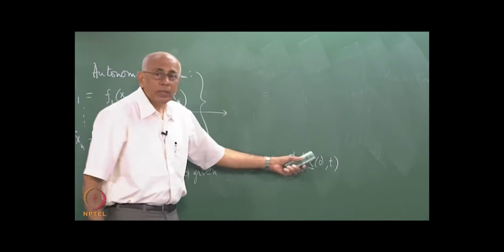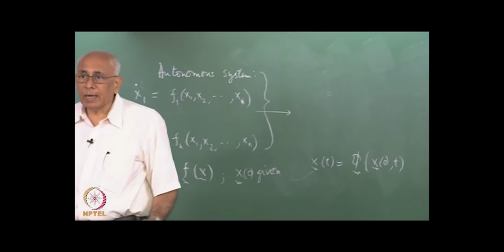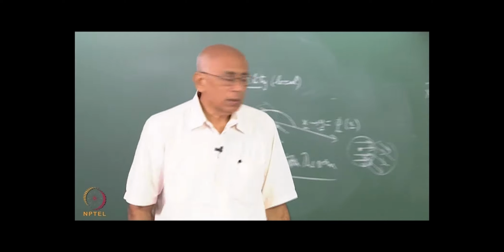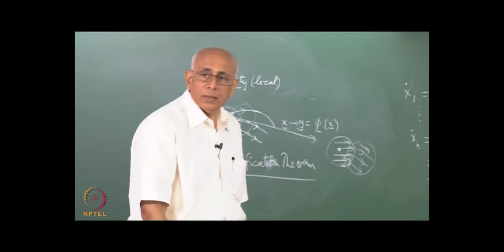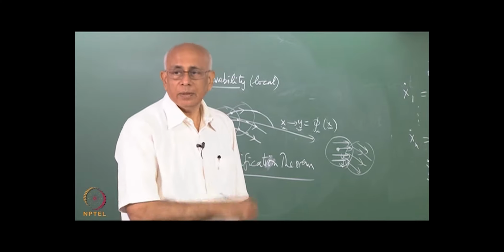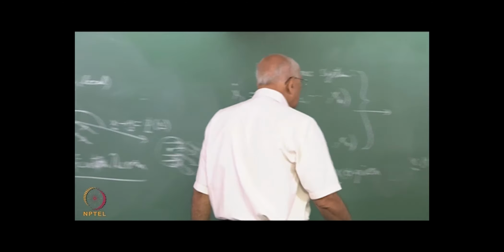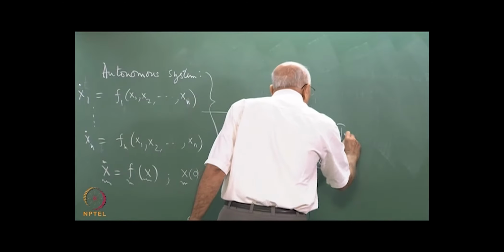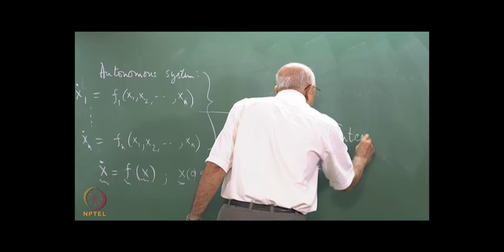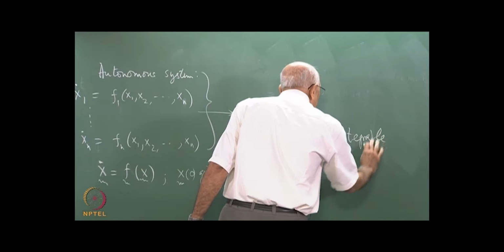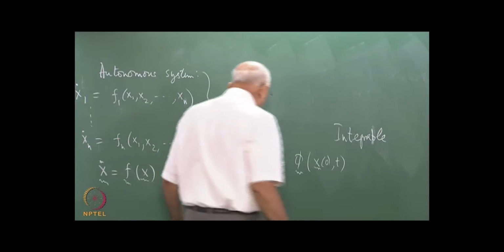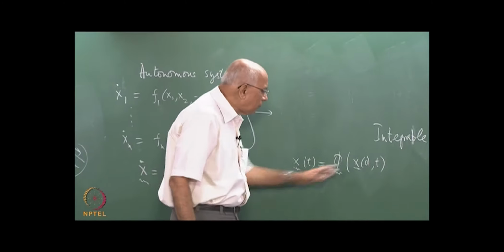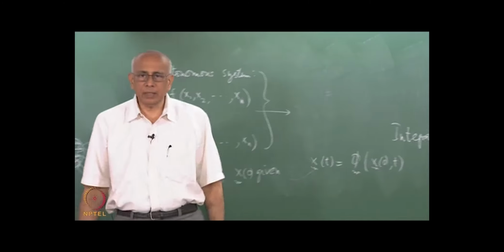If I were able to do this, then for all t I have an explicit solution to this. Whenever I can do this, I say the system is integrable. There are different kinds of integrability, but the one that I will talk about here is simply in this sense, that if I can write an explicit time dependent solution valid for all t, I say the system is integrable.